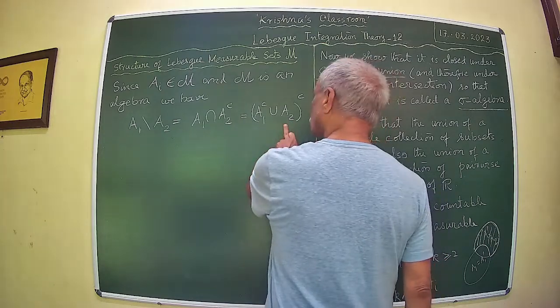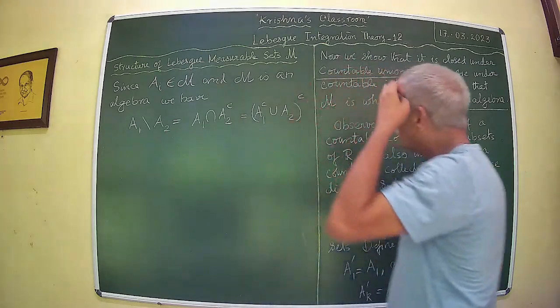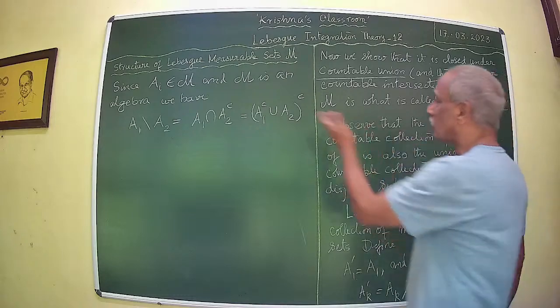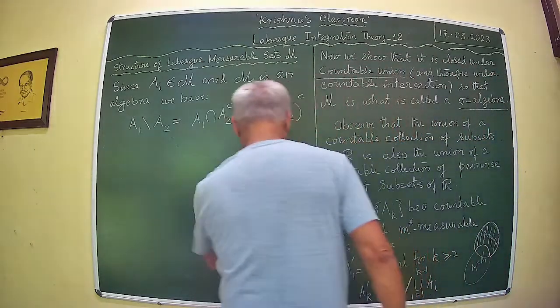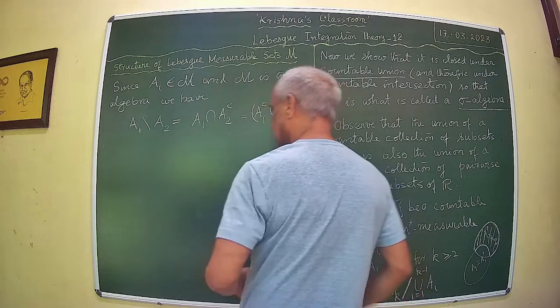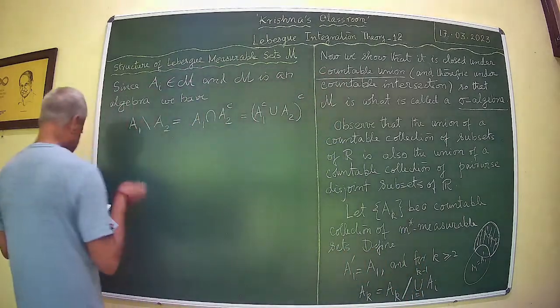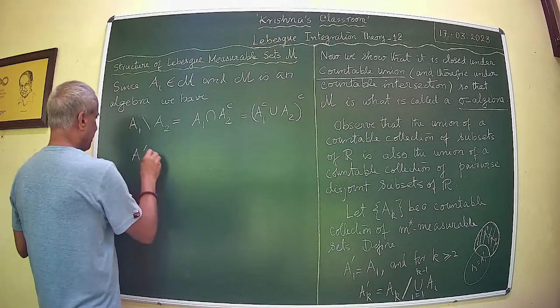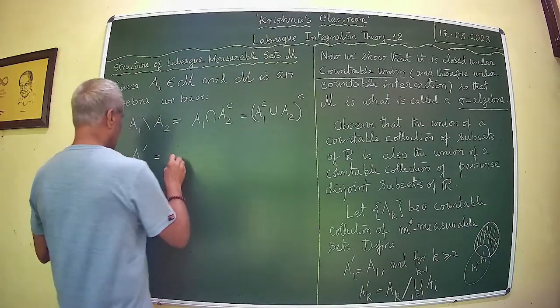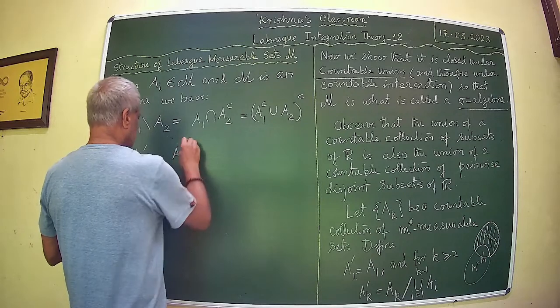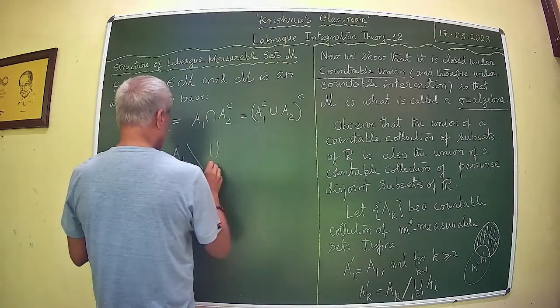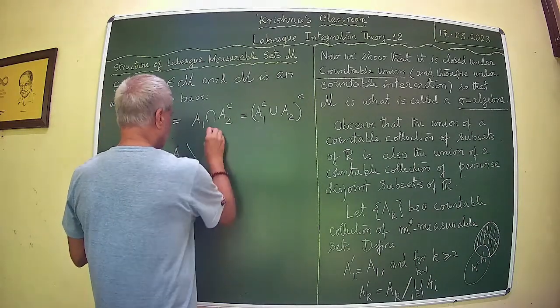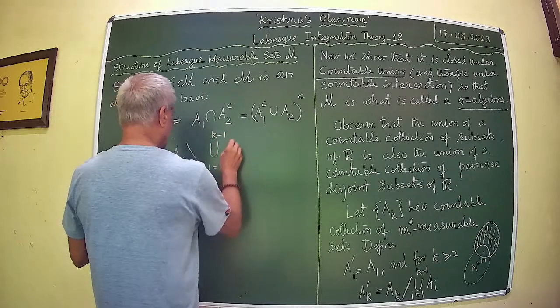Therefore, the union becomes an element of M star and its complement is in M star. So, we have this property. Now, what you have is AK prime equal to AK minus the union over I equal to 1 to K minus 1 of AI.